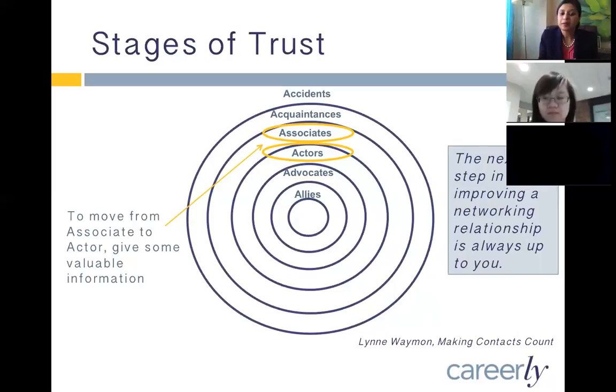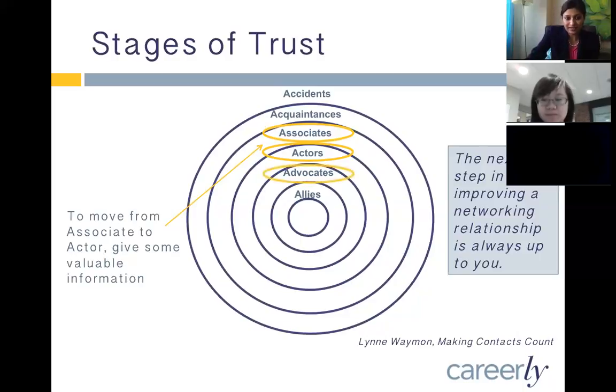The actors are people that you're actually interacting with, because you're not interacting with everybody. The actors are the ones that you have a bit of a relationship with, and you are sharing information. Maybe you're occasionally meeting with them, talking to them. There's a little bit more than simply the fact that you belong to this group.